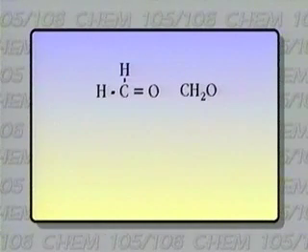We might suspect it has hydrogen bonding. But notice that the hydrogens here are not bonded to the oxygen. The hydrogens are bonded to a carbon. This molecule would not have hydrogen bonding, whereas the alcohol would have, or water would have, or ammonia.